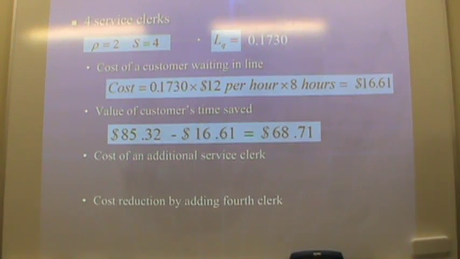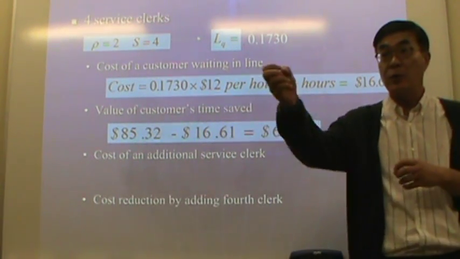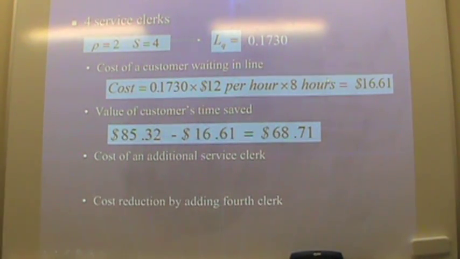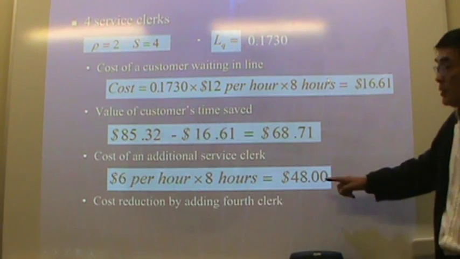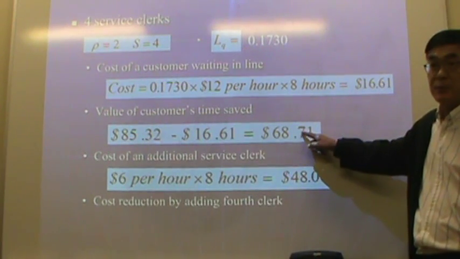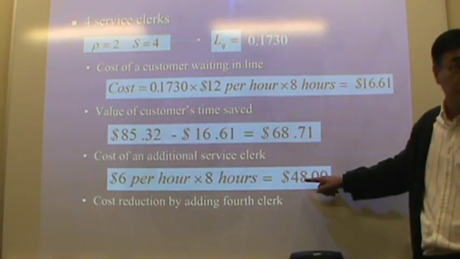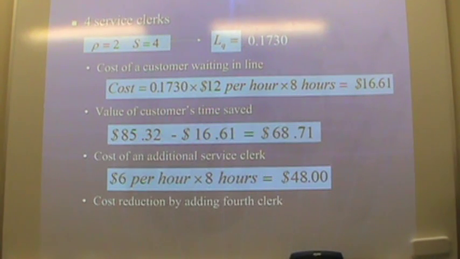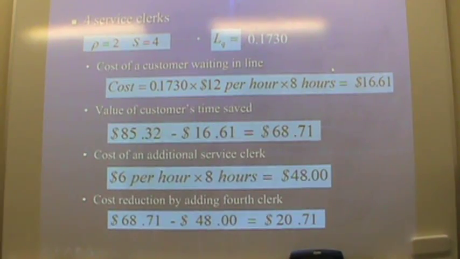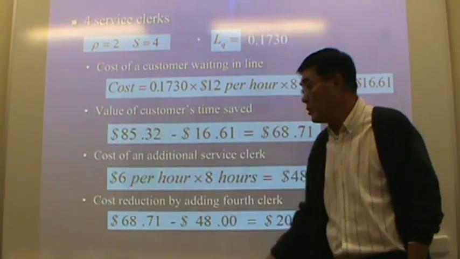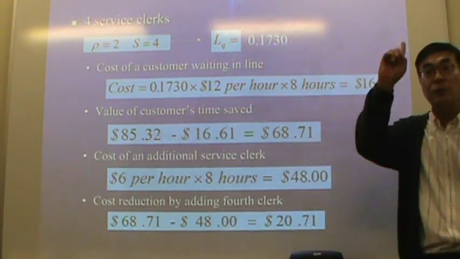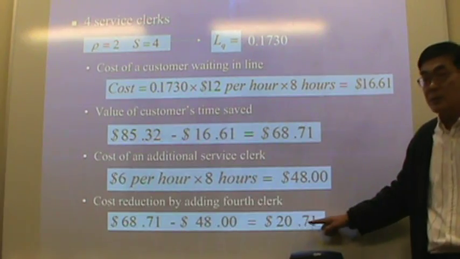But to open one more or hire one more costs, right? $6 per hour and open 8 hours, so $48 cost. Save $68.71, but use $48. So the cost reduction by adding the first clerk is: save $68.71, use $48. So finally, by hiring one more clerk, we can save $20.71.